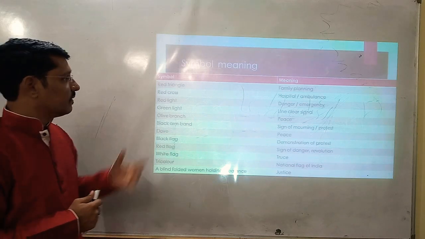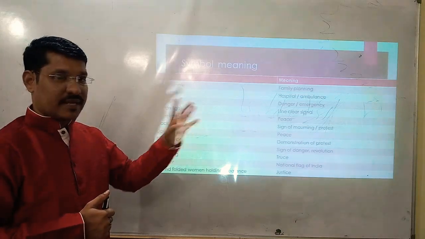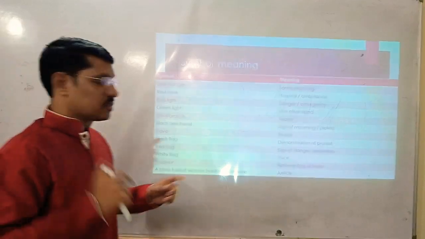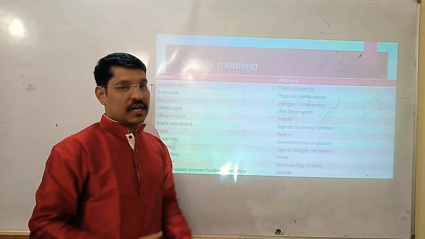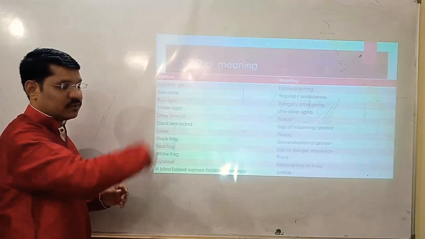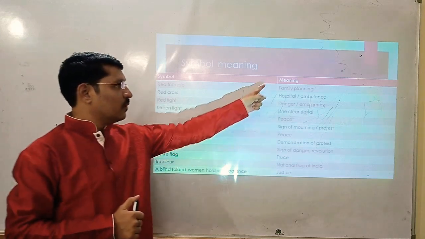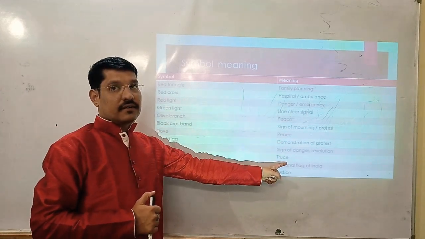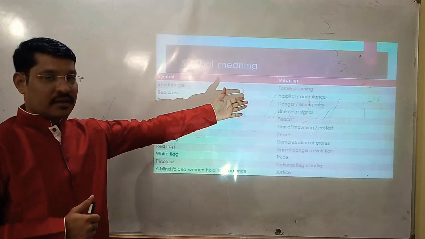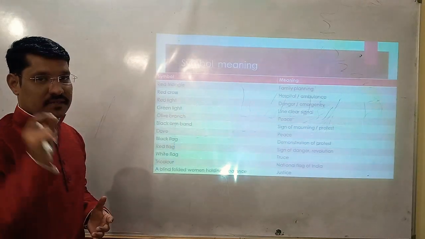Then first one is red triangle, that is family planning. Second one, a red cross. A red cross symbol is hospital or otherwise ambulance. Most of the time you see all these symbols in your practical life, but you must know what the meaning of that symbol is. Then red light, almost everybody knows about that. That is the danger symbol or otherwise emergency.